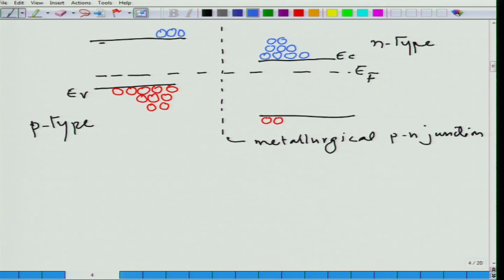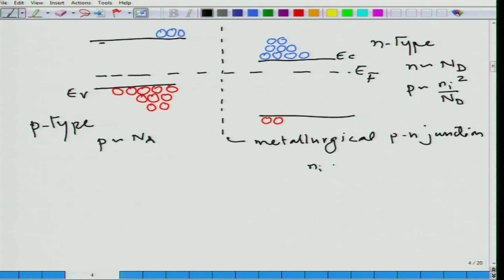We already know from our statistics of carriers that in this case we have assumed n to be approximately equal to the donor concentration. We have assumed p to be approximately equal to the acceptor concentration. Now, if we apply the mass action law, then p can also be written as Ni squared divided by Nd. What is Ni?